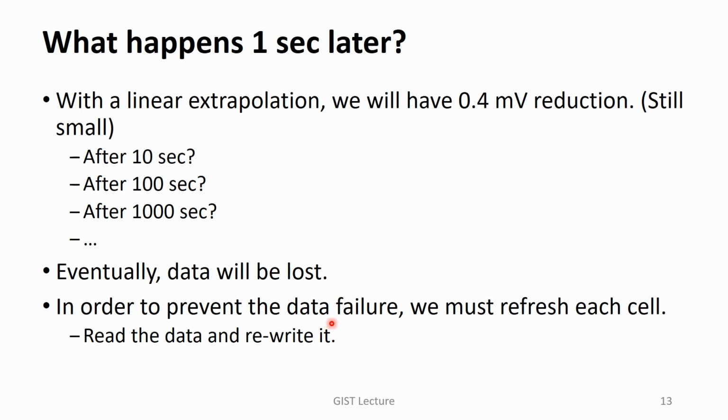We have data failure. In order to prevent the data failure, we must refresh each cell often. For refresh, we must read the data and rewrite it. Therefore, the DRAM continuously consumes the electric power.